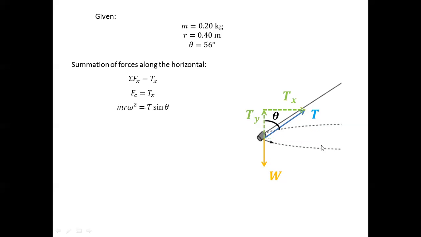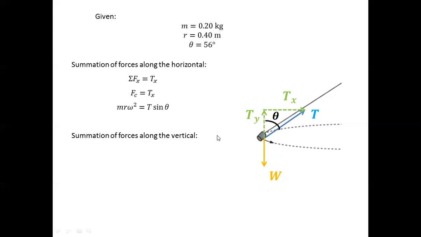You can actually move the T sub x over here, allowing you to form a right triangle. With respect to this theta, T sub x is the opposite side. So using this vector triangle, we now have this working equation: mr omega squared is equal to T sine theta. So that's it for the forces acting along the horizontal.